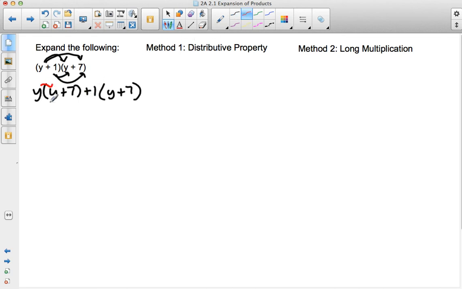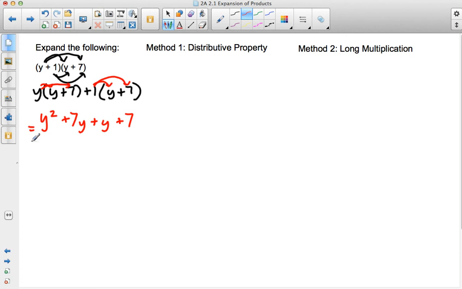So y times y is y squared. y times 7 is 7y. 1 times y is just y, or 1y. And 1 times 7 is 7. So now I'm left with y squared plus 7y plus y plus 7.